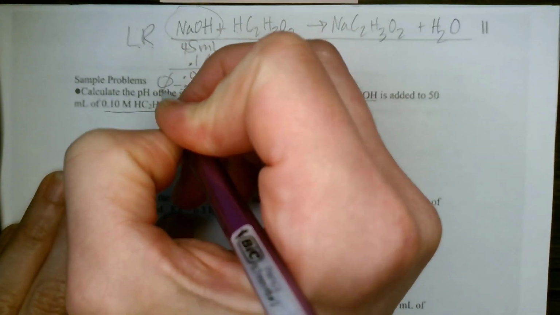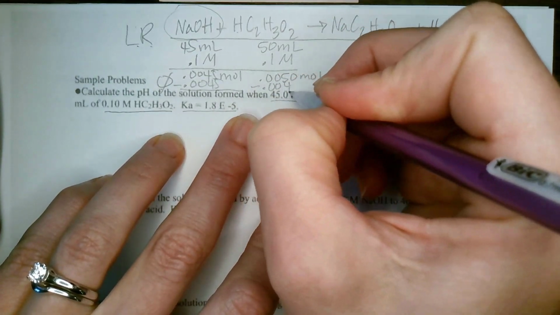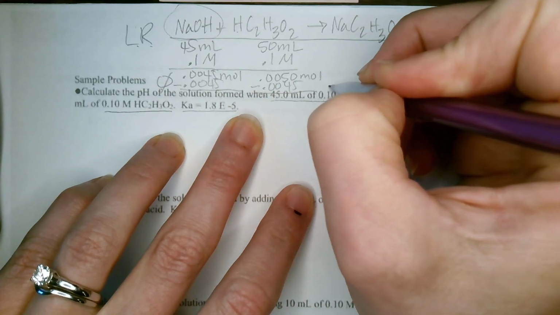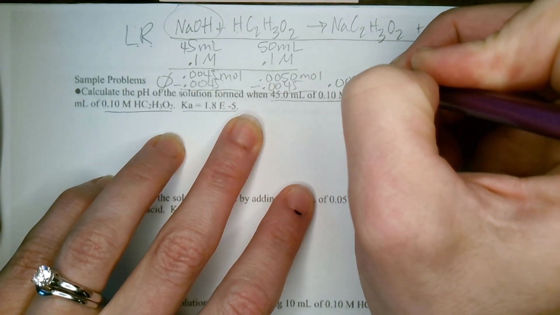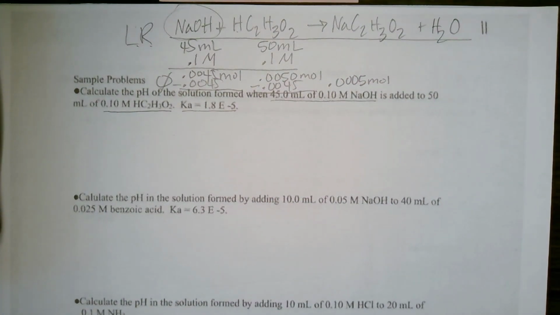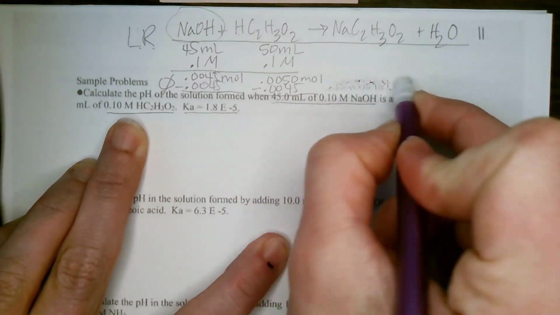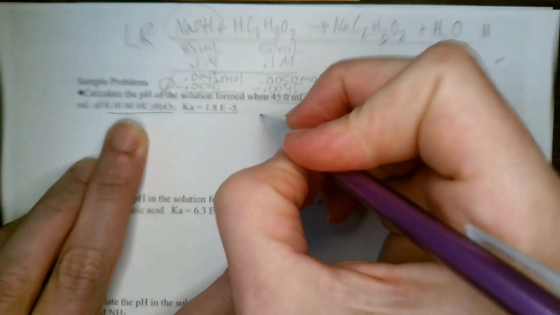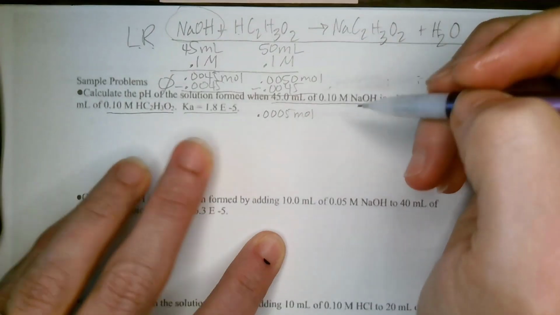So I'm left with no NaOH. Minus 0.0045, I'm left with 0.0005 moles of acetic acid. And I'm actually going to write this down underneath, 0.0005 moles of the acid.